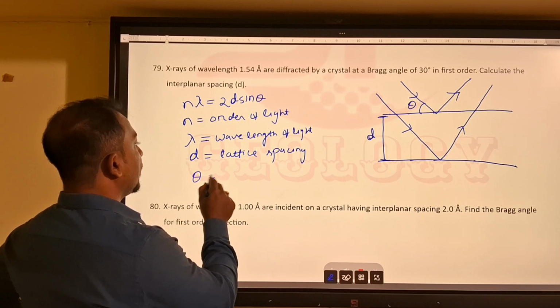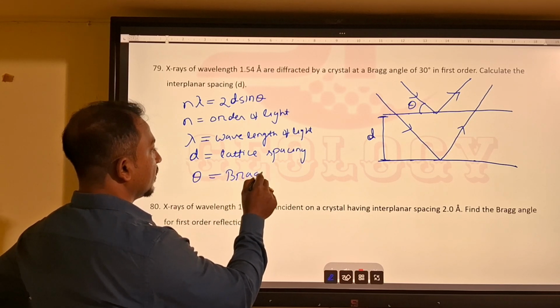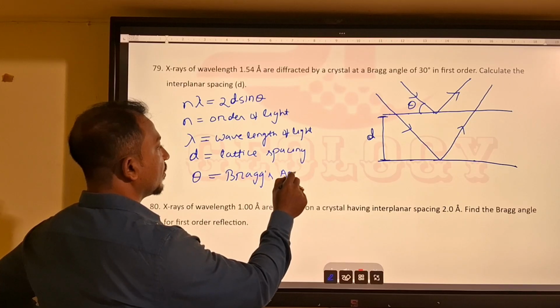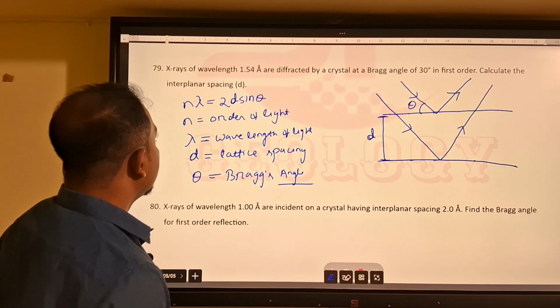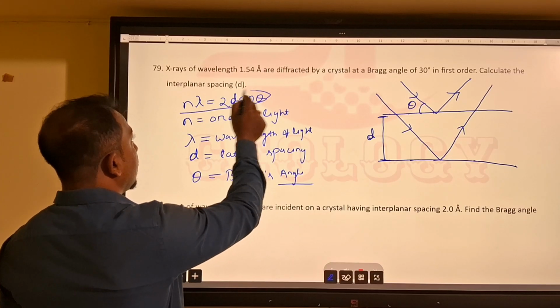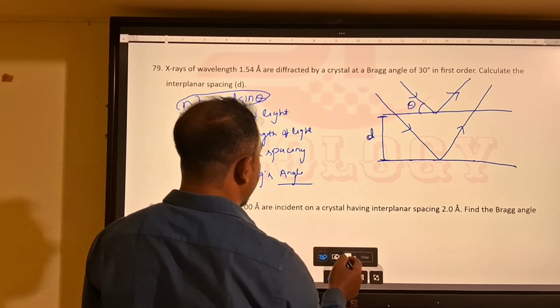Then theta is the Bragg's angle, you can say it's a glancing angle. So now we'll solve a problem by using this formula.